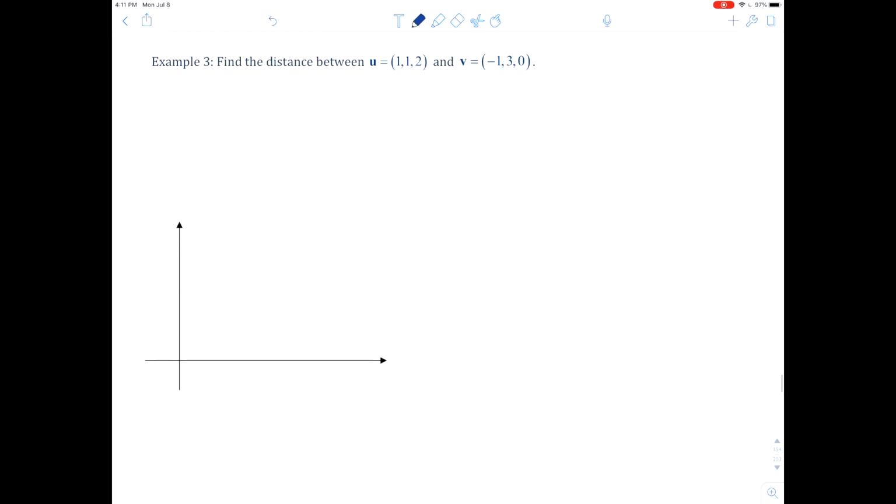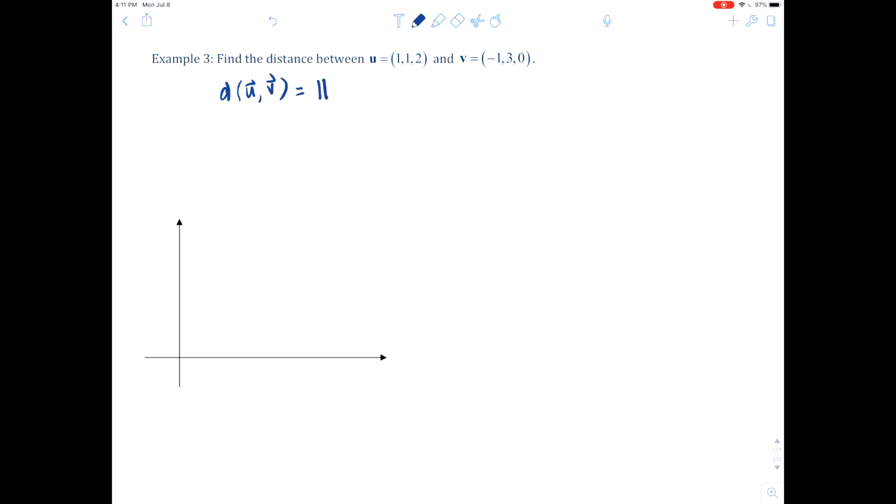All right, so let's work an example. Find the distance between u equal to <1,1,2> and v equal to <-1,3,0>. So the distance between u and v is the magnitude of u minus v, which is equal to the magnitude of <1,1,2> minus <-1,3,0>.